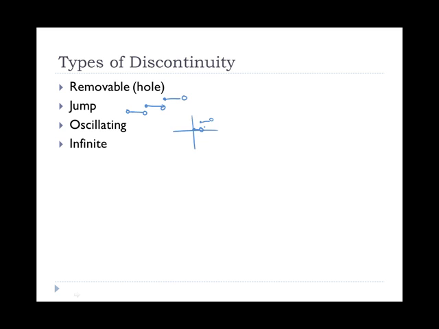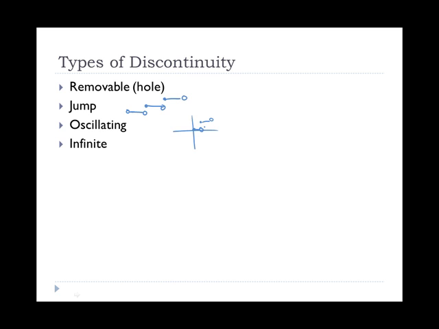There's a better graph for oscillating. Oscillating is when if you plug in one value for x, you're going to get a positive value, but then when you plug in another value for x, it jumps over to the negative, and so it keeps going back and forth. Okay. And there is something called infinite discontinuity, which we don't see much at this level in calculus, but we look at that at higher levels when it's important.